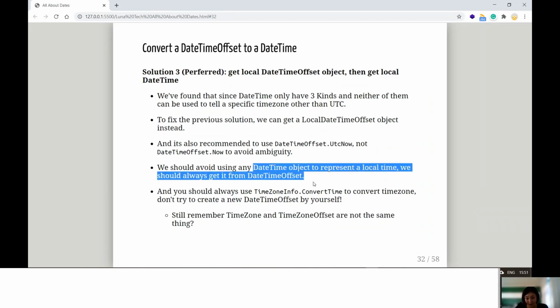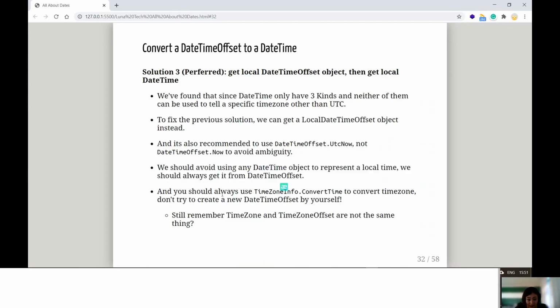We should always get it from the DateTimeOffset. And you should use the convert time method to convert time zone. Don't try to create a new time offset by yourself. Basically, don't try to add hours by yourself. Always use this method to get the time zone, because if you are adding or subtracting, the time zone might not be correctly recorded in that object.